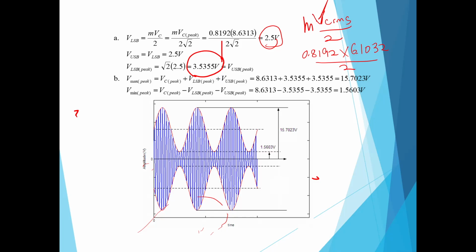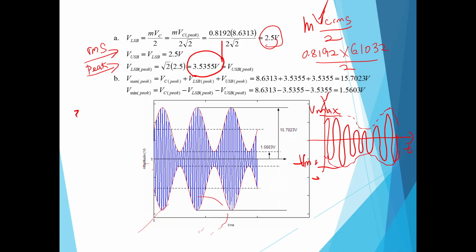Kita akan dapat, so Vmax is actually equal to VC plus VM peak value.